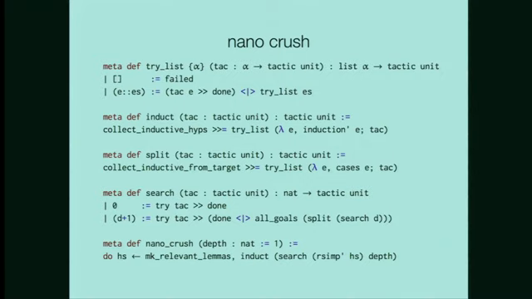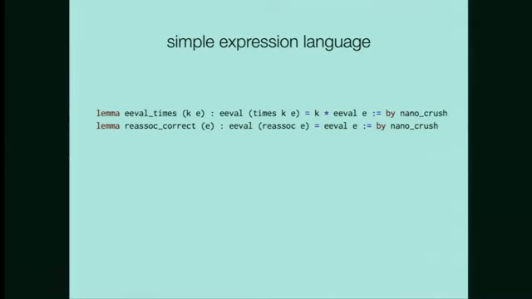Then it tries to find automatically some hypotheses for doing induction on. Then it does a search doing some case analysis for looking for a proof. This is a very naive procedure, but it's sufficient for proving automatically properties like if you transform this expression using times k, and we evaluate, this is equal to k times the evaluation of e.